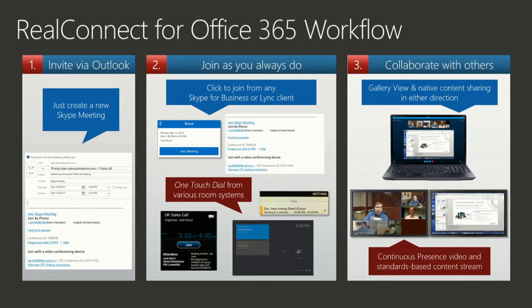And that only appears if the user is licensed for the service. Now, once they've sent that meeting invite out to the various endpoints that are participating, there's obviously a different type of join experience depending on the endpoint. If it's a Skype room system, then obviously the native calendar is going to be used. If it's a Polycom or a Cisco VTC, again, we can integrate with the calendar and ensure that click-to-join experience is available.